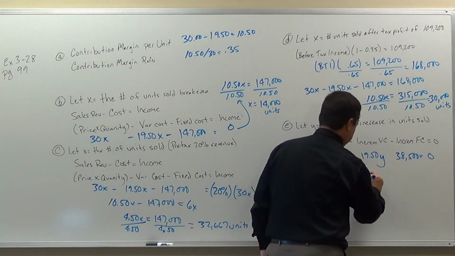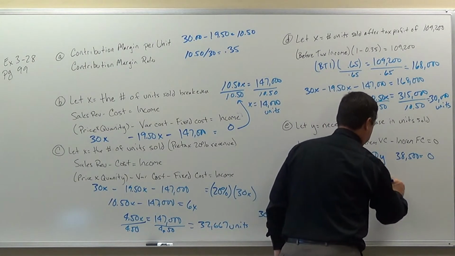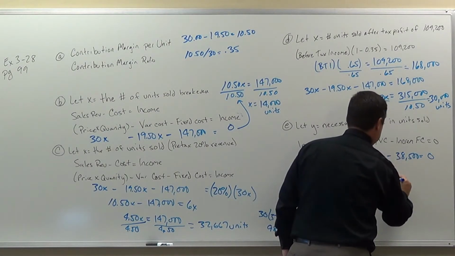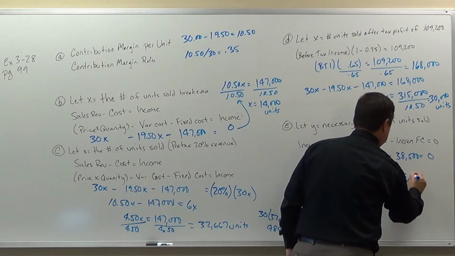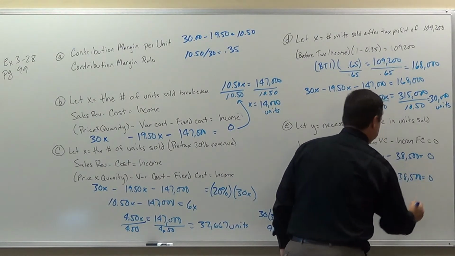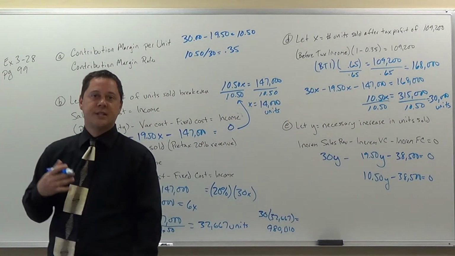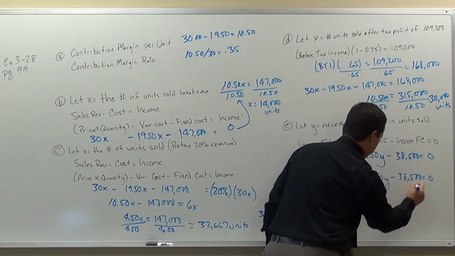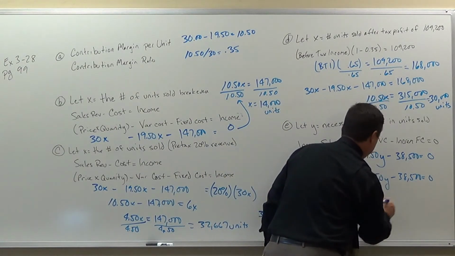And so we'll continue moving forward. Now what you're going to see here is that we've combined those two. I'm going to add 38,500 to both sides.